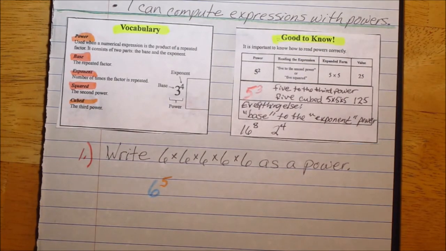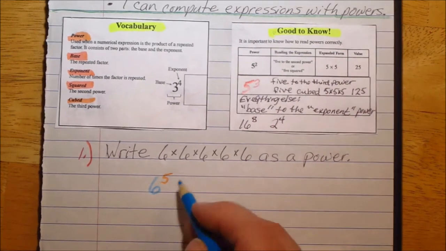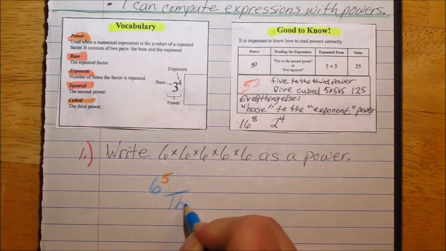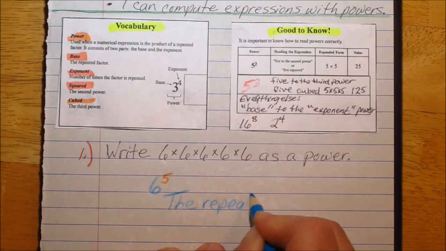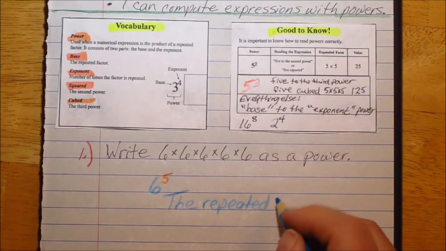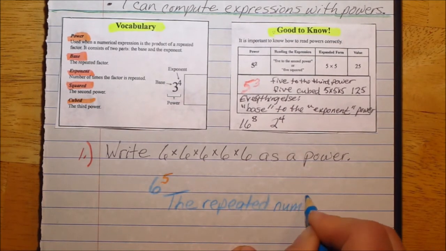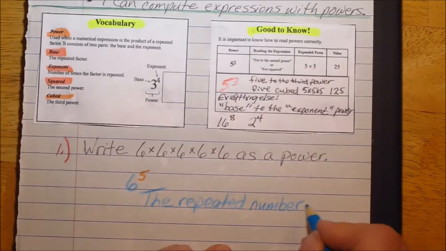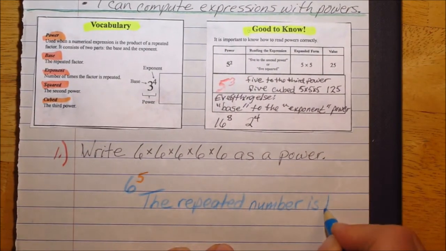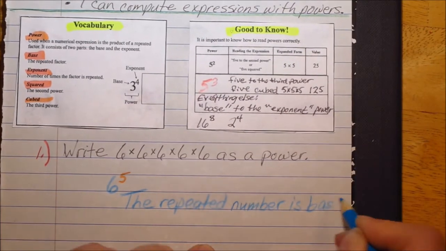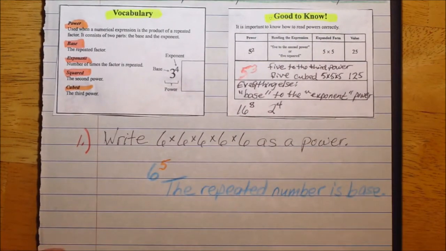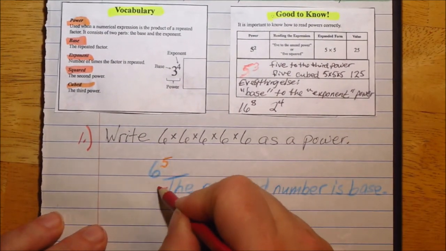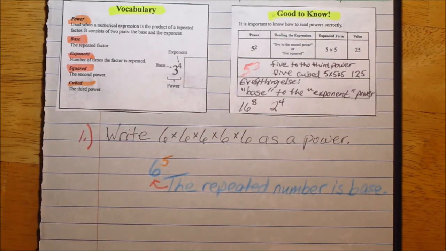All right. So let's make a few notes so that we can remember how those work. So right here, I'm going to write the repeated number is base. I'm running out of room, so I'm just going to write is base. All right, the repeated number is base, and I'll draw a little arrow right to that. Okay, the repeated number is base.